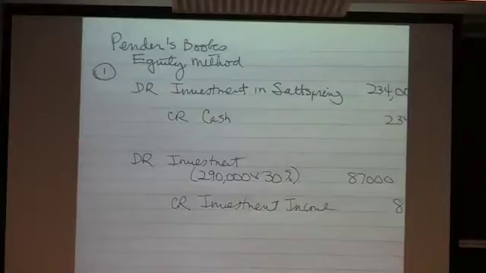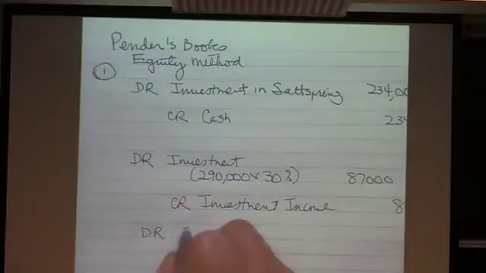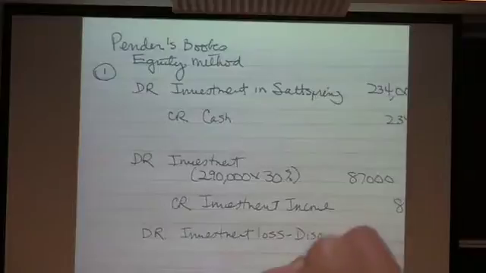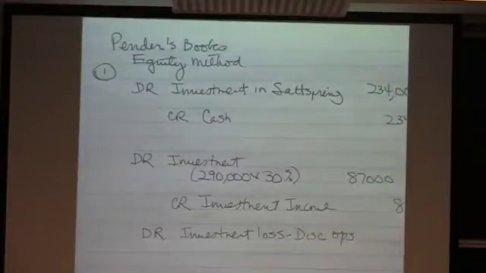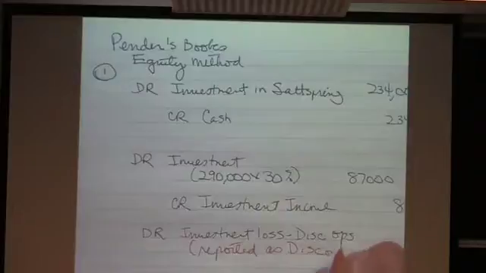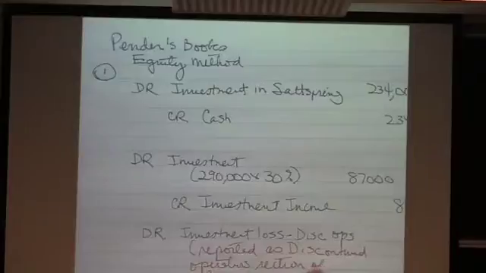So in this case, we would debit investment loss, discontinued operation, and this will be reported as part of the discontinued operations section of Pender's income statement.